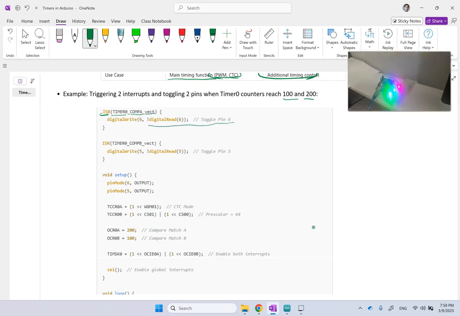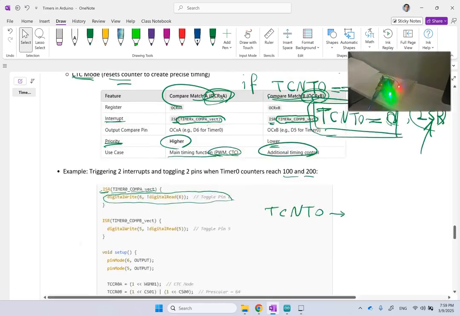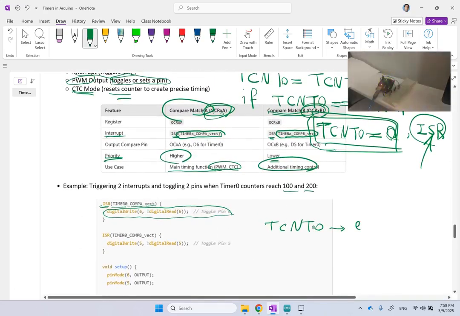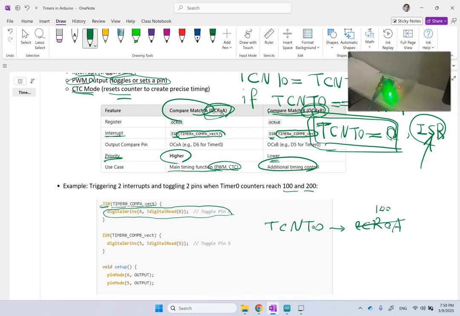Inside this function, you write whatever you want to happen when your counter, remember that TCNT0, reaches your first variable, which is OCR0A, and in this case this number is 100.